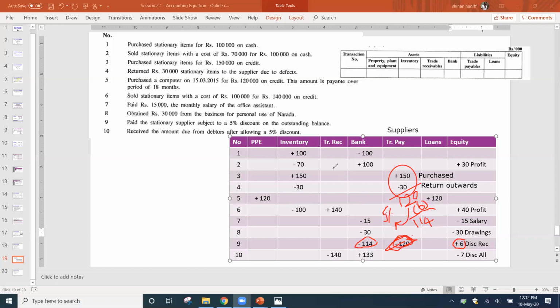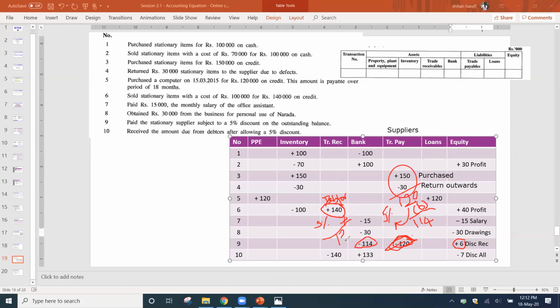Same thing applicable for trade receivables. The last transaction number 10. Received amount due from debtor after allowing 5% discount. So there is a debtor. This is the only debtor we have, 140. We are giving 5% discount. So 5% discount is 7.